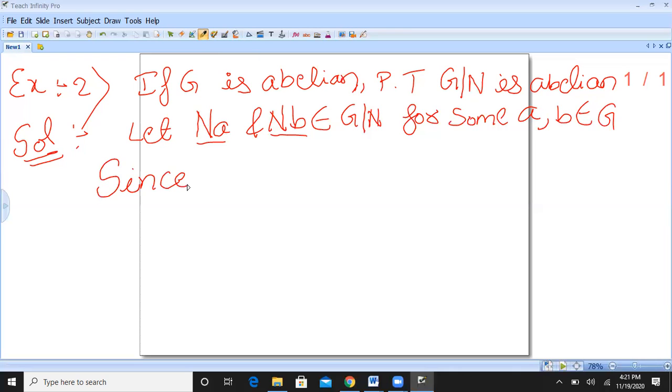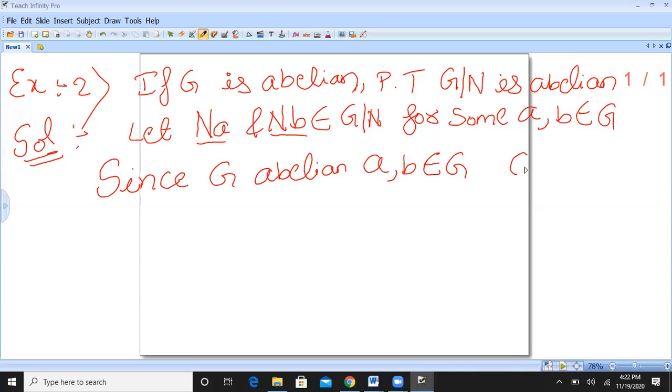Since G is abelian, a and b both belong to G.